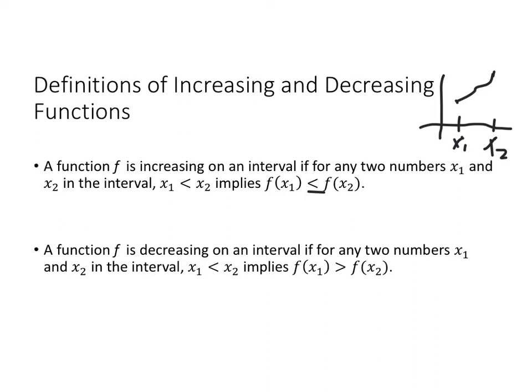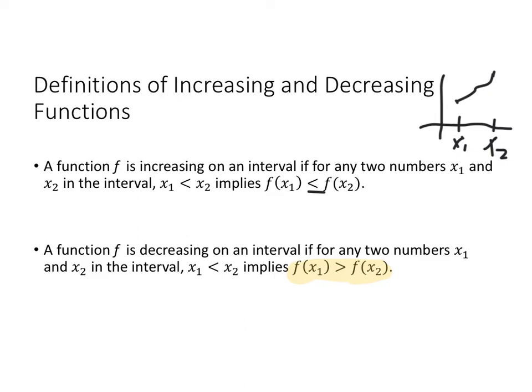A function f is decreasing on an interval if for any two numbers, x1 and x2 in the interval, x1 less than x2 implies f of x1 is greater than f of x2, and there's a typo in the book. And I've been using this for a year now, and it's the only one I've ever found, so good job, editors at Cengage. F of x1 is greater than f of x2.